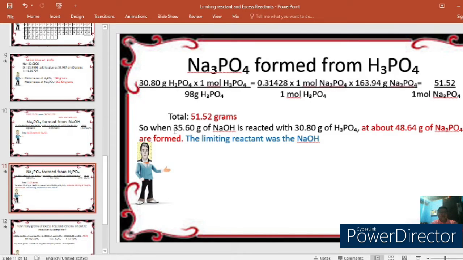So when 35.60 grams of sodium hydroxide is reacted with 30.80 grams of phosphoric acid, 48.64 grams of sodium phosphate are formed. The limiting reactant was the sodium hydroxide, since it gives the smallest amount.